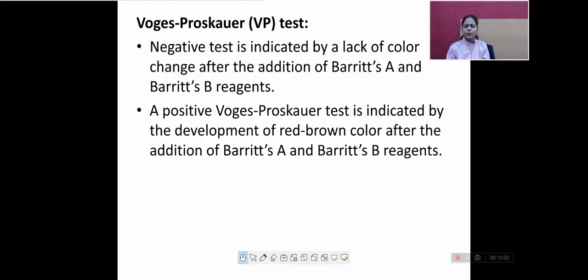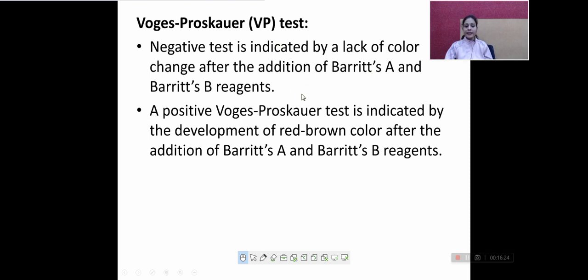But in the VP test, when we add Barritt's A and Barritt's B reagent, there is production of red-brown color. What? Red-brown color. You have to remember which reagent we add in which type of test.